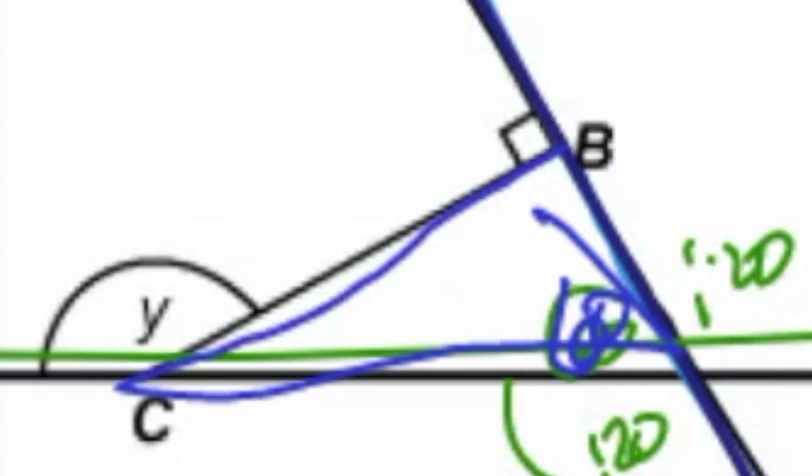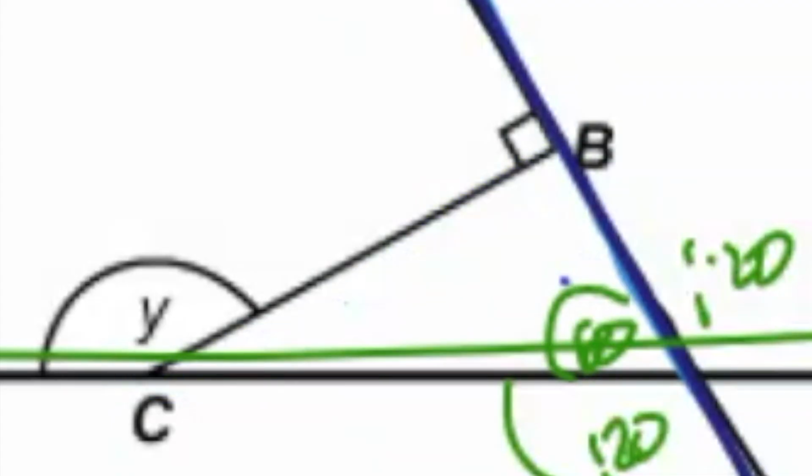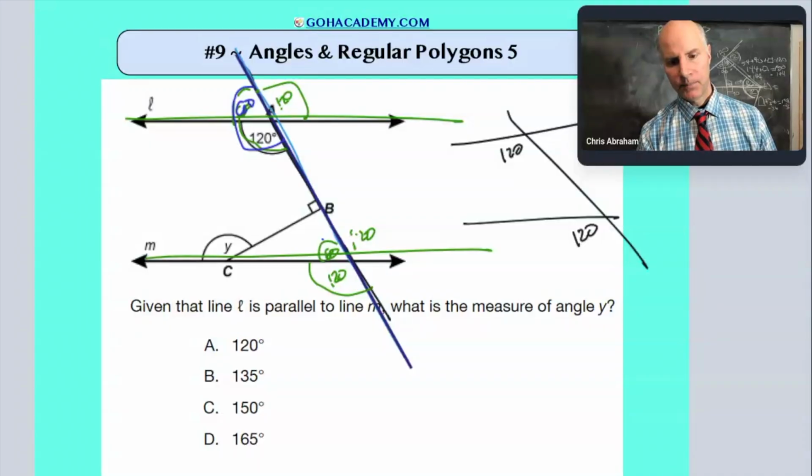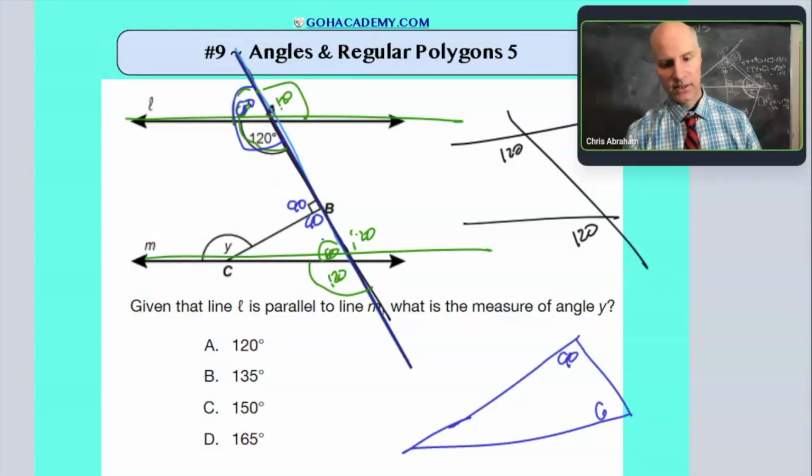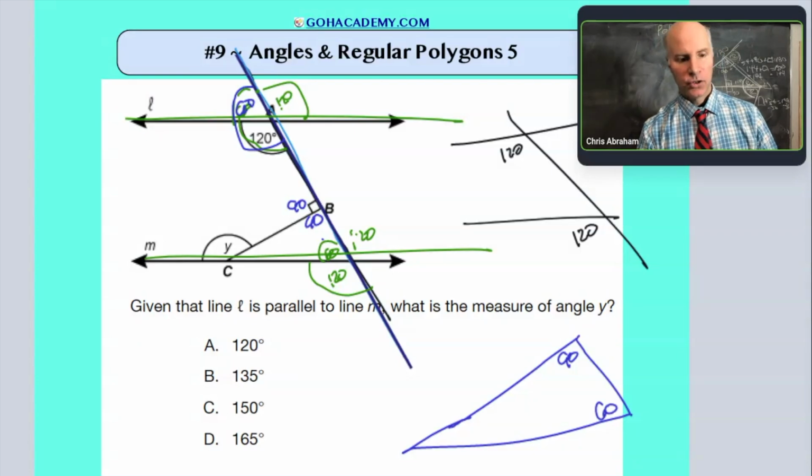Now you're probably saying, "Hey Chris, I see a triangle." Right? Let's zoom in on that triangle for a moment. We have a triangle. This angle here, if this is 90, this is also 90, right? We just found out through corresponding angles that this is 60. So what is this angle here?